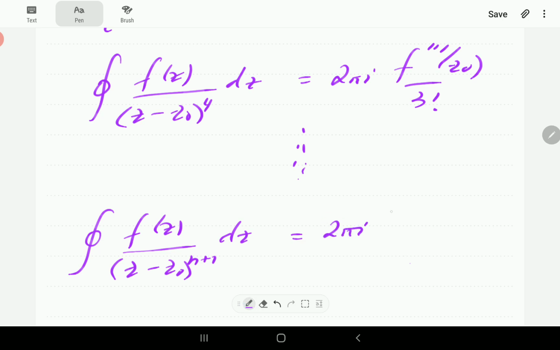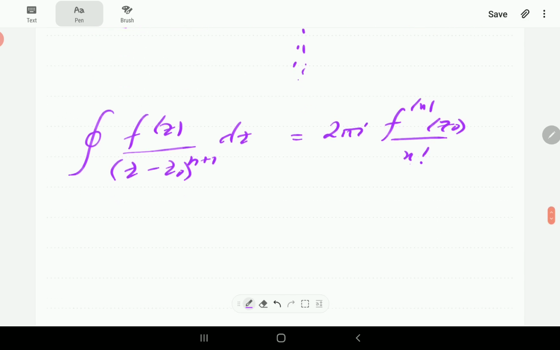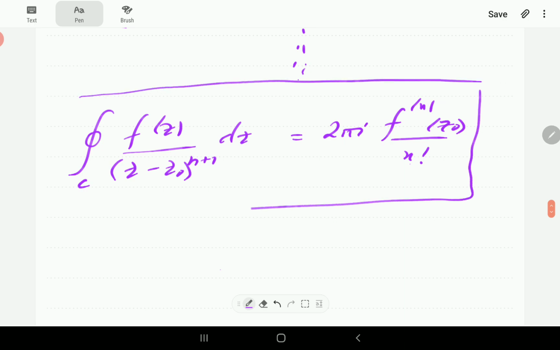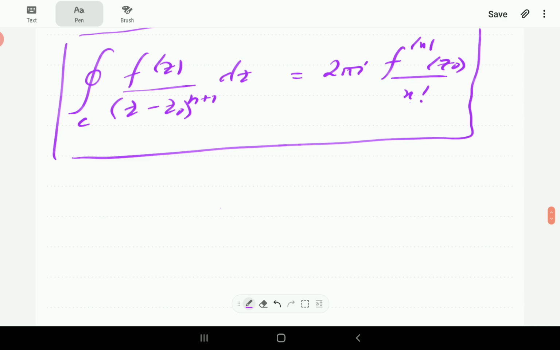On this side we're going to have 2 pi i, and then the nth order derivative at z naught divided by n factorial. So this is the second version of Cauchy's integral formula.